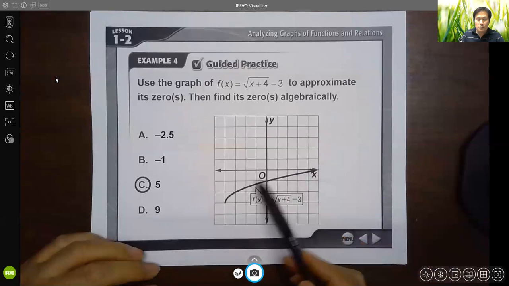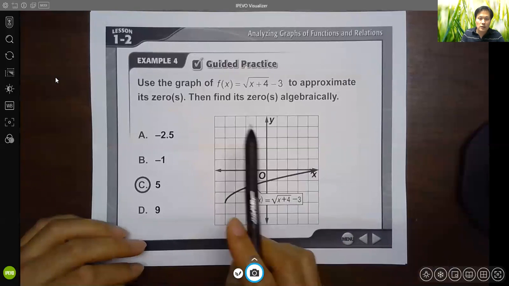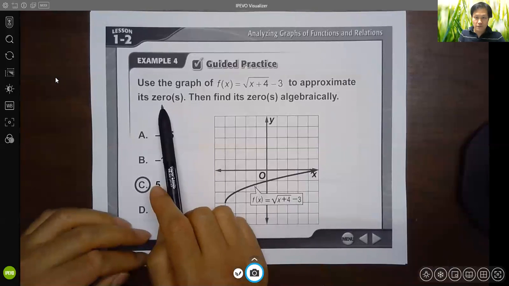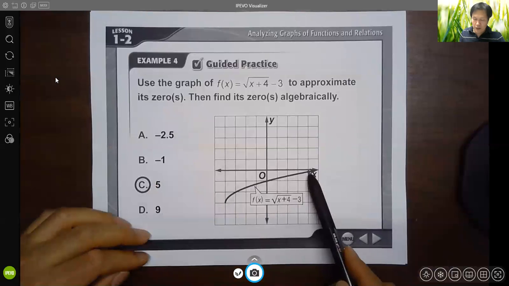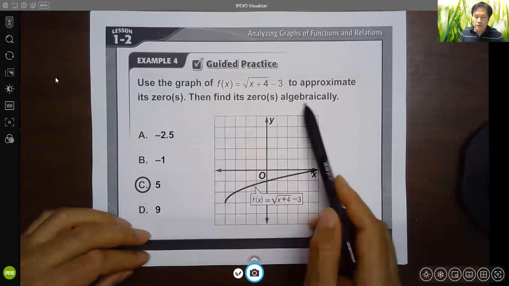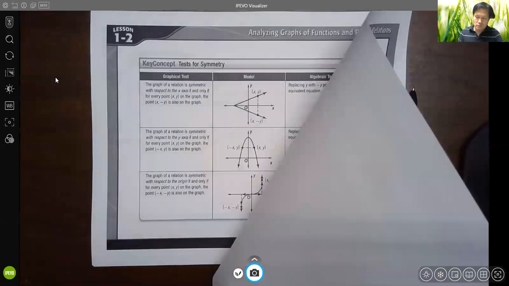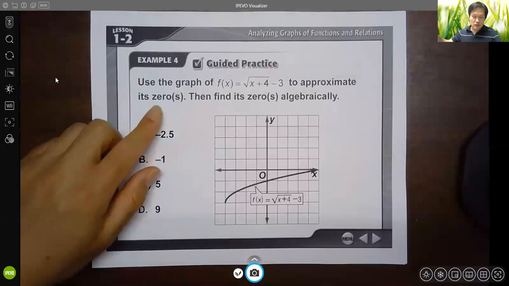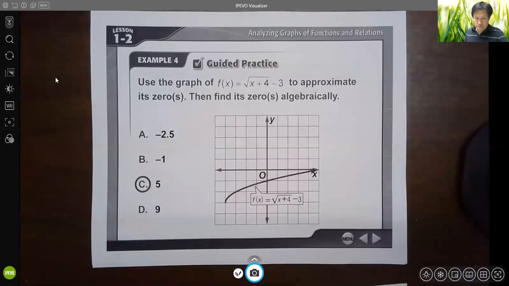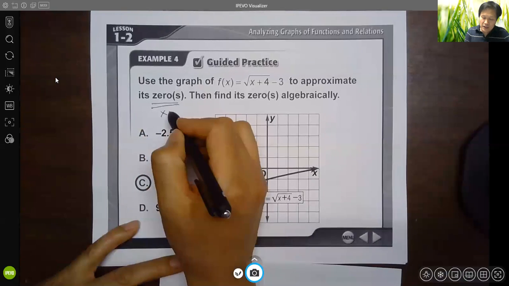By looking at the graph, finding zeros, the x-intercepts, is fairly simple. It's hitting the x-axis right here, 1, 2, 3, 4, 5. Then find it algebraically. Algebraically means what? Plug it in. Is 0 the same as the y-intercept? No, 0 is the same as the x-intercept.